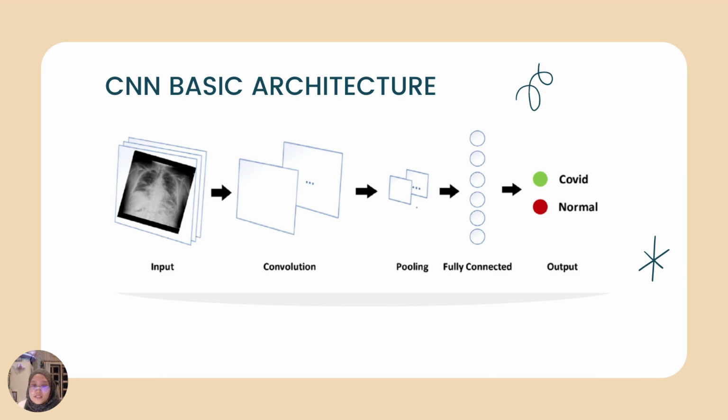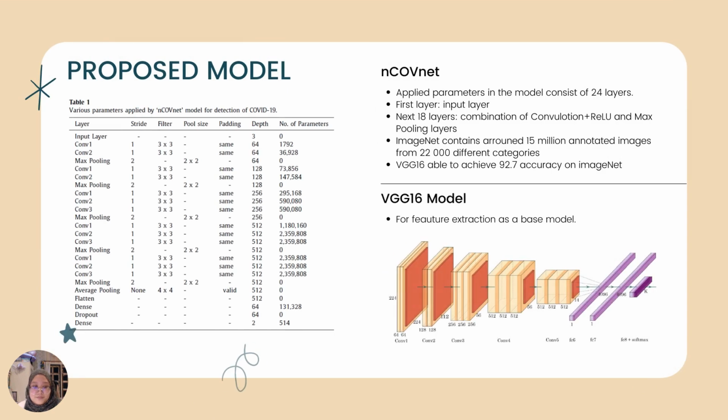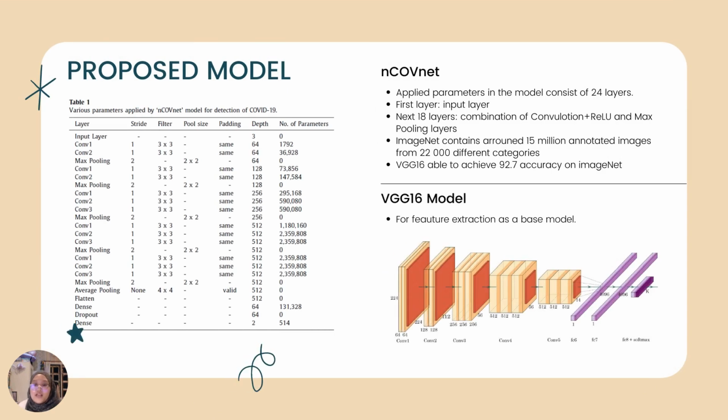Next is the proposed model and algorithm. The proposed model depends on the deep learning based CNN known as NCOVNet. The applied parameters in this model are shown in the table.